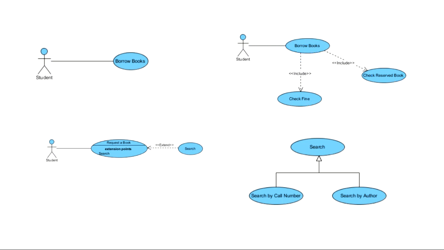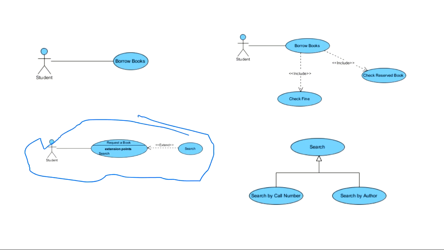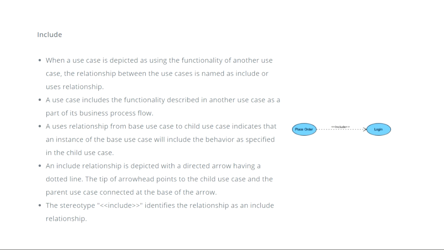Another relationship is this extend. Let me show you first. Okay, so we have seen what include means. For example, suppose there is a use case place order, and it is including another use case, login. So suppose you are on the Amazon website and you try to place the order. You haven't tried to log in.